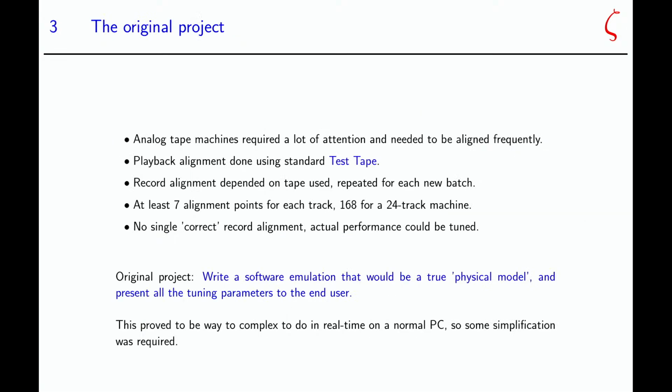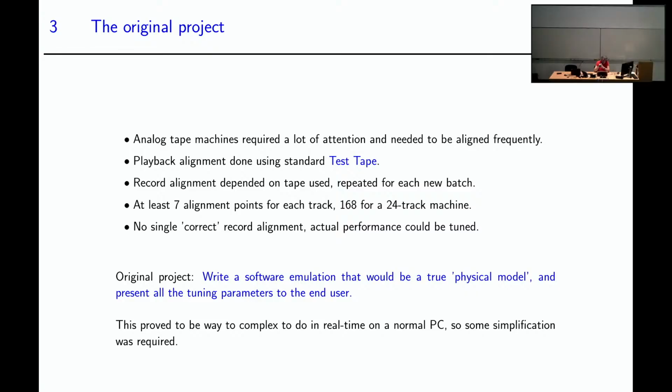So these machines, they required a lot of attention. You needed to align them frequently, and alignment means you had lots of adjustments, small potentiometers which you adjusted with a screwdriver.